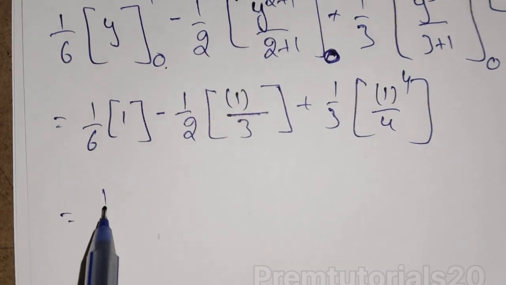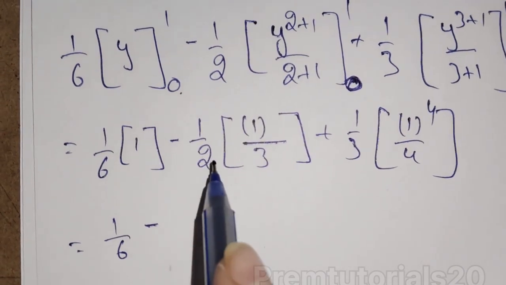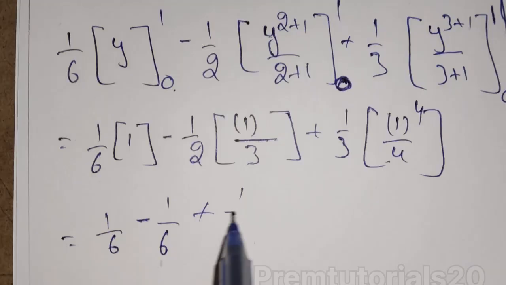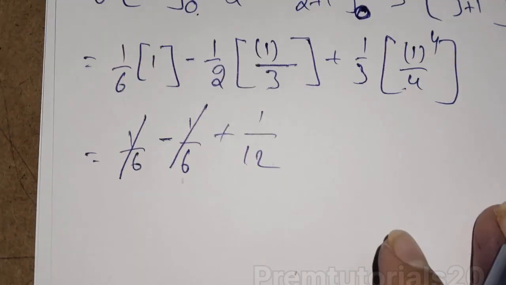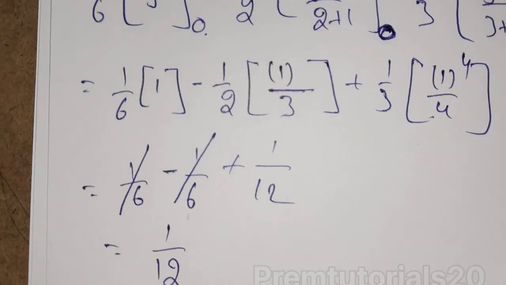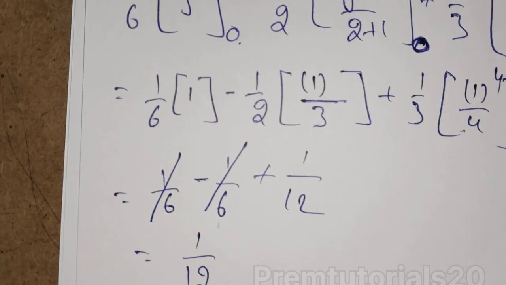Now simplify one more time. 1 by 6 into 1 becomes 1 by 6, minus 2 3s are 6, that means 1 by 6, plus 3 4s are 12, 1 by 12. So plus 1 by 6 minus 1 by 6 cancel. What is the value that comes last? This is the final value, 1 by 12.